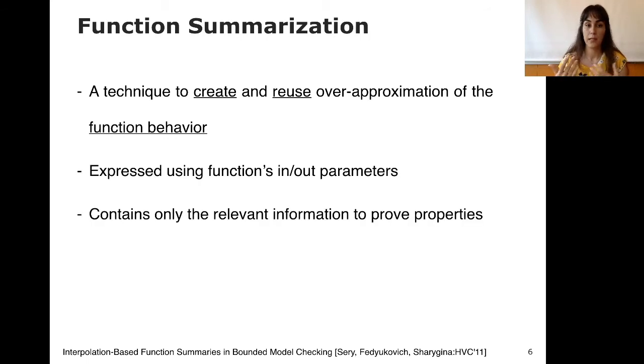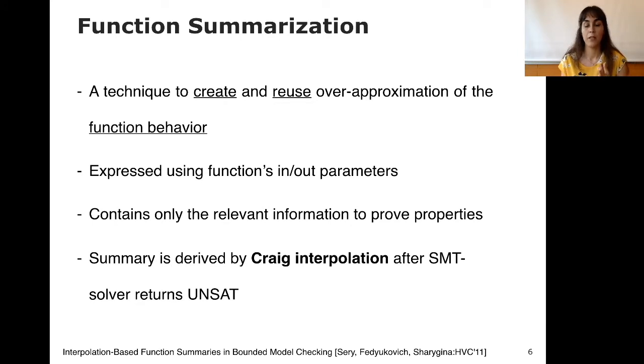So since it's expressed over the input and output parameter of the function, it tends to be so compact that it only contains the relevant information with respect to the properties. Now the question is how to end up with such summary. The idea is when we obtain a proof of unsatisfiability from the SMT solvers, we can derive summary by applying a Craig interpolation.